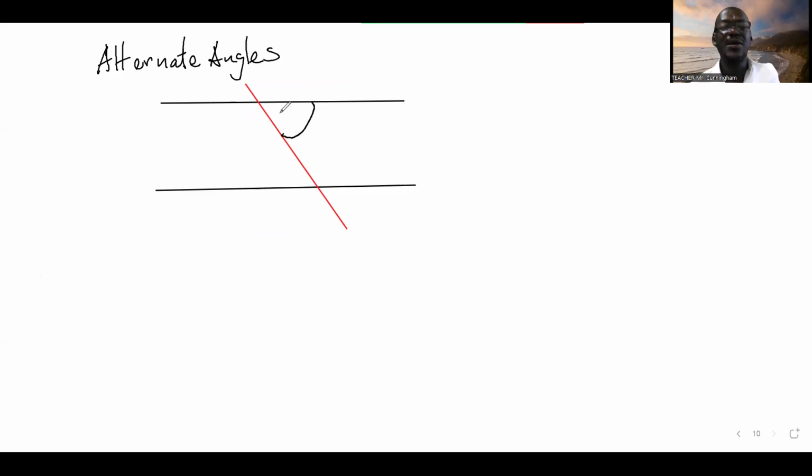Let's say this angle here is 50 degrees. Look for the Z. Let me draw a Z to show you where that angle is going to be. Let's see if I could do it in yellow. Watch carefully. All right, so here's my Z. And forming my next 50 would be here.